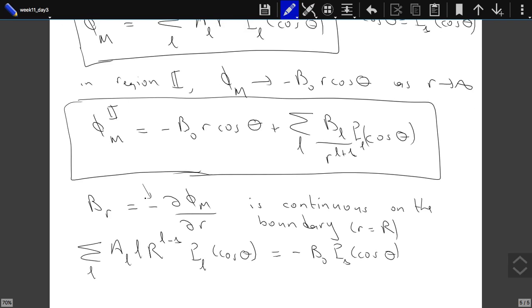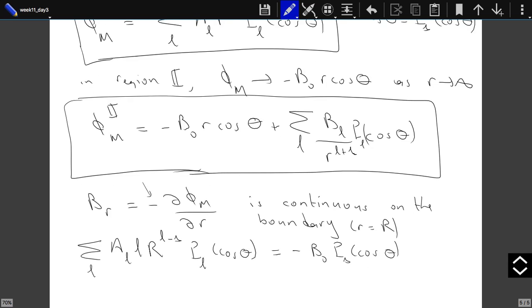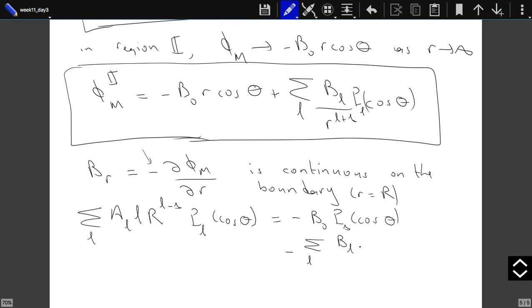Well, I'm just dropping that minus sign; the minus on the left-hand side and the minus on the right-hand side should be equal. Minus the sum over L of B_L times (L plus 1) over R to the power L plus 2, P_L of cosine theta. So these two should be equal.